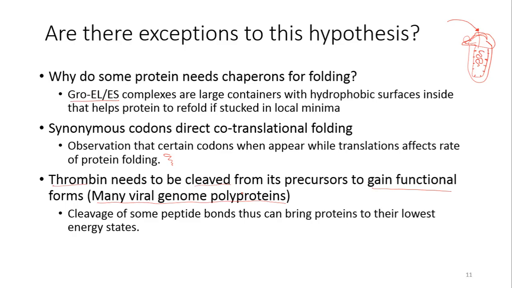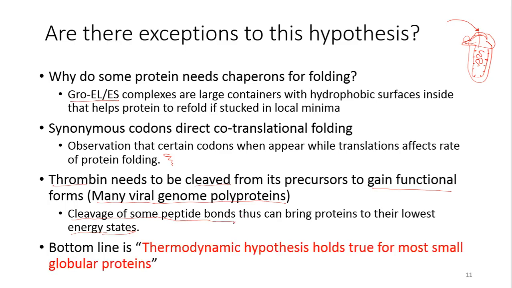Okay, so now it is said that cleavage of, say, some peptide bonds might bring that protein to its lowest energy state, and when the protein acquires the lowest energy state, it would function properly, right? So these are exceptions to Anfinsen's hypothesis.